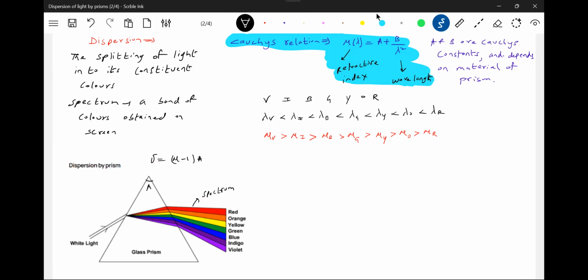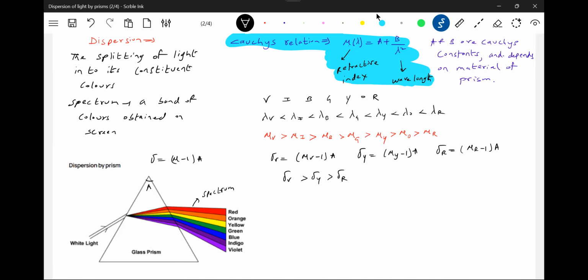We'll write it here: deviation for violet, deviation for yellow, deviation for red. Like this we defined the deviation.